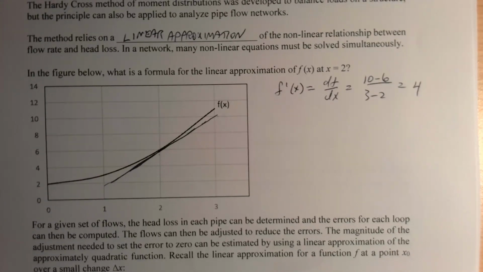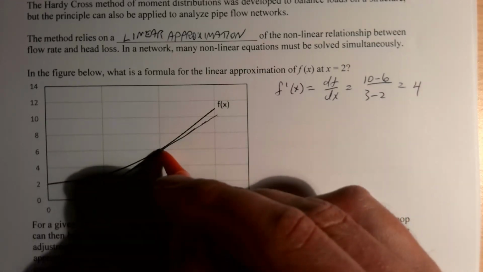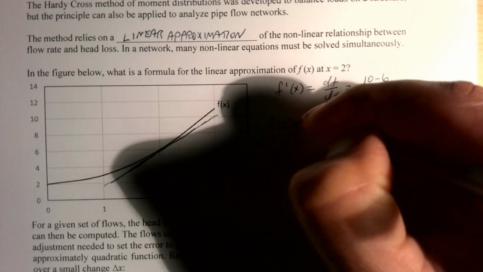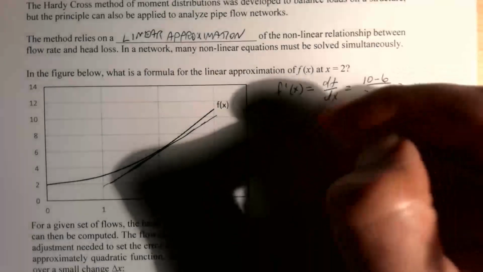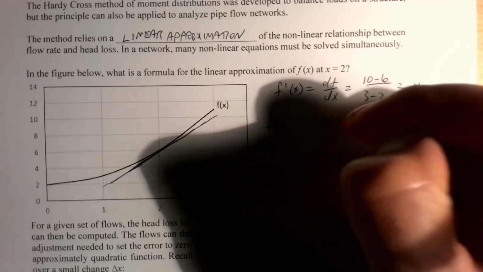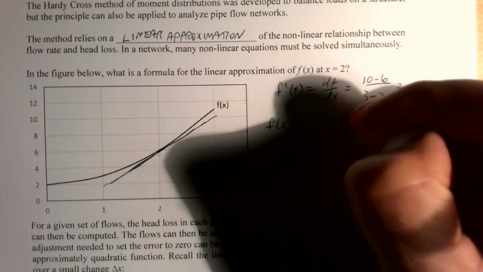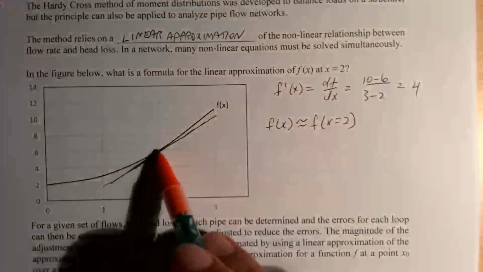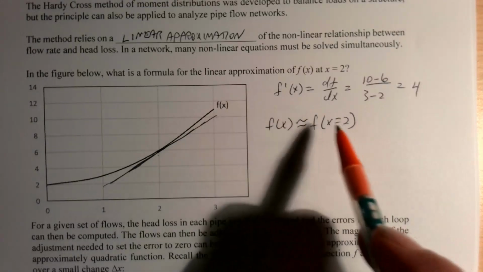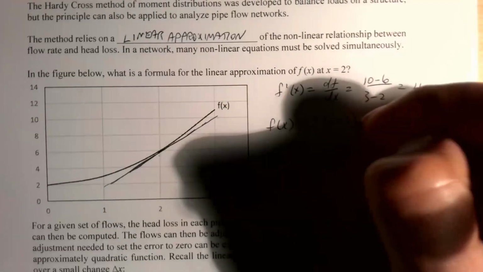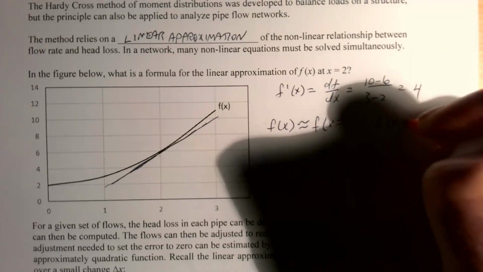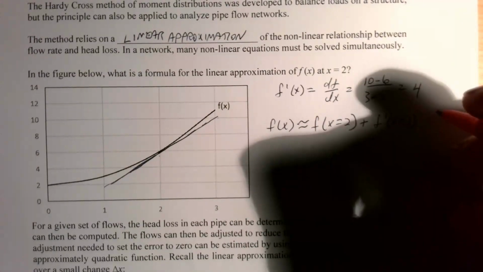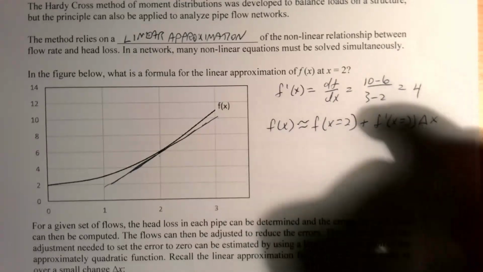And then the formula for our linear approximation at this point is going to be f of x is, not exactly, but approximately equal to f of x at x equals 2, the value at this point, and then if we go linearly away from there, it's going to be plus f prime of x at x equals 2 times the change in x.